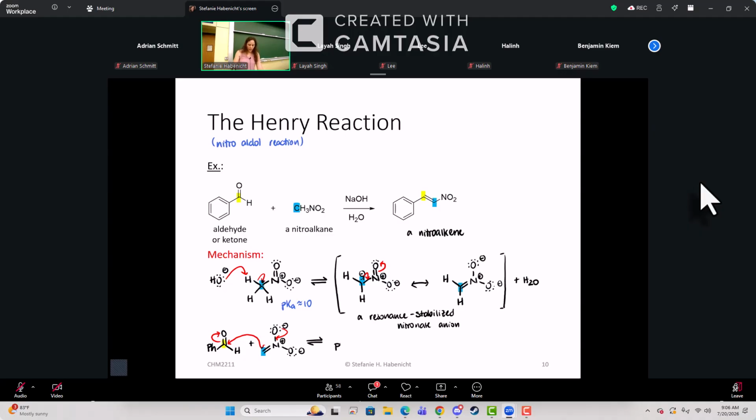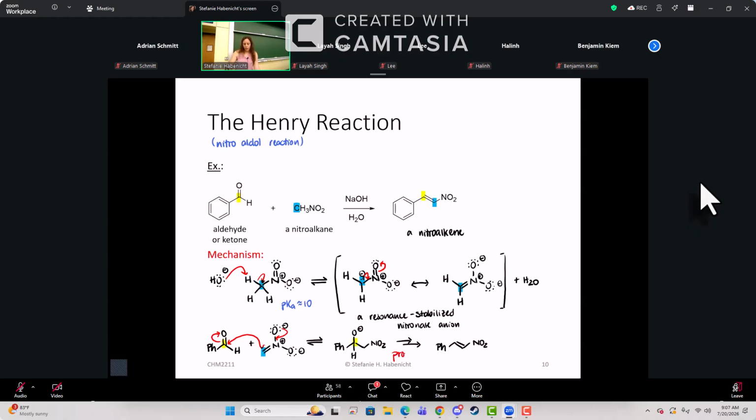Your nitronate anion acting as a carbon nucleophile will attack your aldehyde, will attack benzaldehyde, forming a tetrahedral intermediate. And that intermediate is subsequently protonated and dehydrated to give the nitroalkene product. And that'll be the end of that.